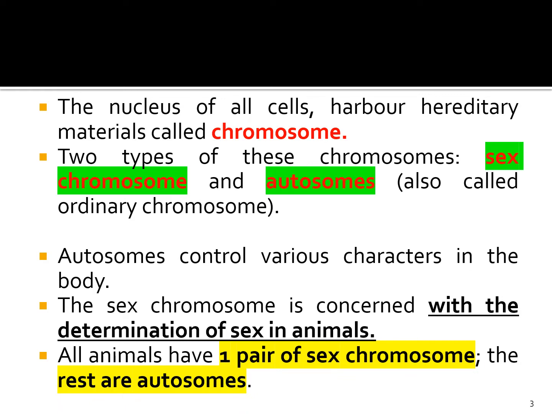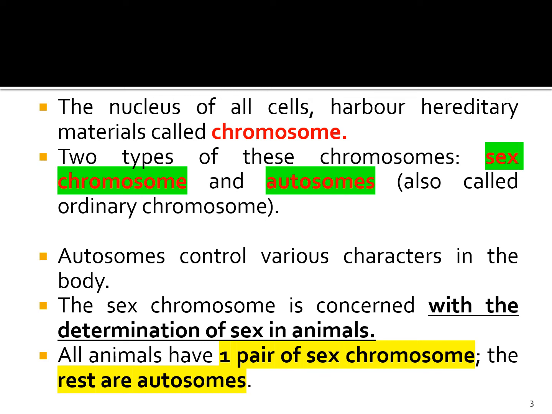Now, all animals have one pair of sex chromosomes. All the remaining are autosomes. So, for example, in man, where we have 23 chromosomes from the male and 23 from the female, one pair is the sex chromosome, while the remainder are autosomes.